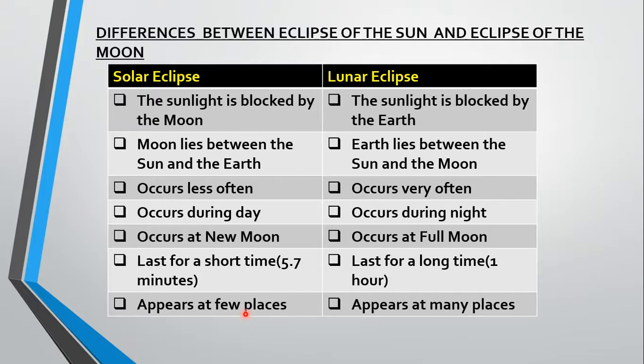The reason is the area of shadow cast by the moon, looking at the size of the moon, is very small. That's why only few places on the earth see solar eclipse. And this again explains why it does not occur often. Then lunar eclipse, when it happens, many places will experience it compared with solar eclipse.